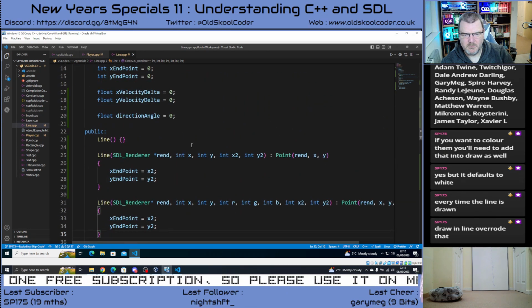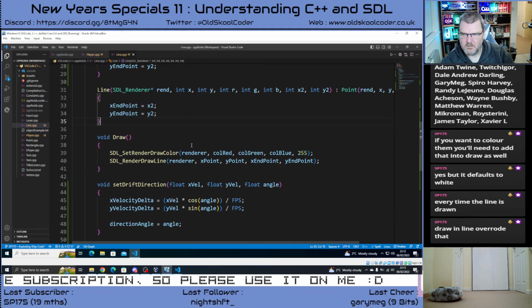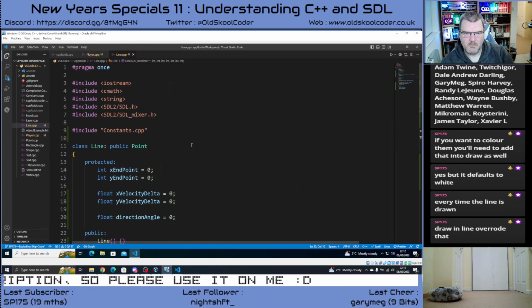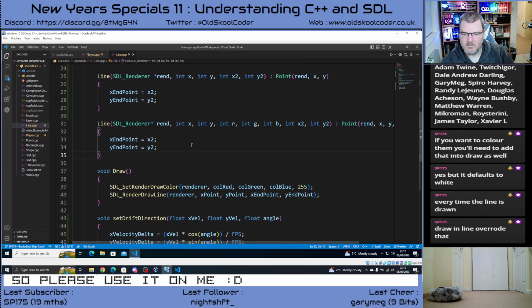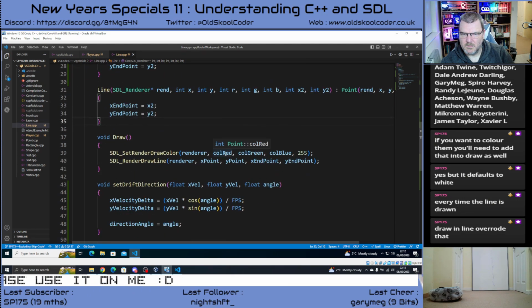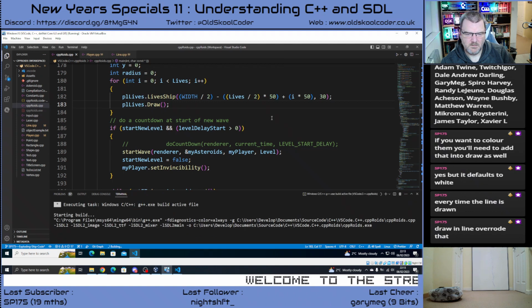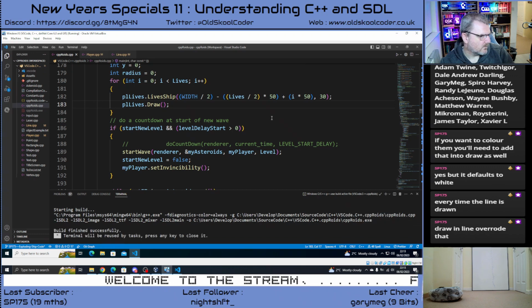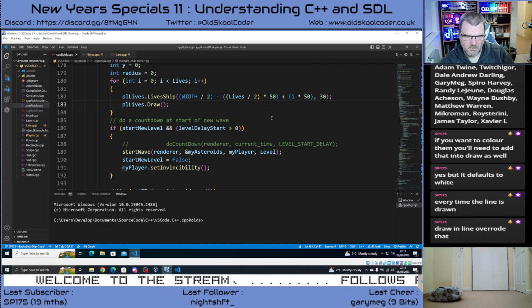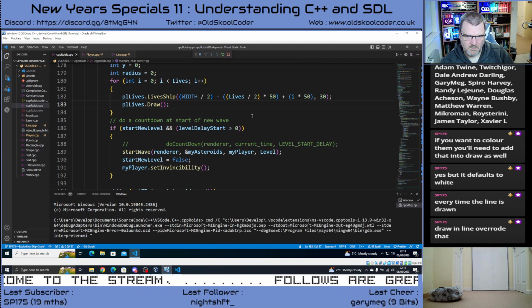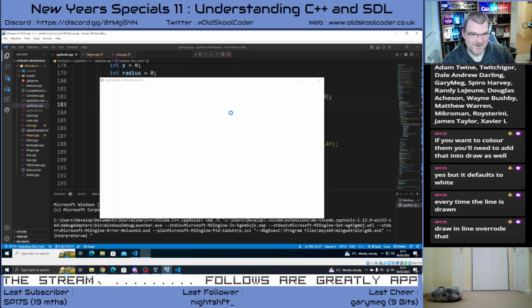Did it? We'll see, we'll see, we'll see. Right, let's see if this compiles. I think that should be enough. Well, this is going to be interesting if it goes off in the right direction.